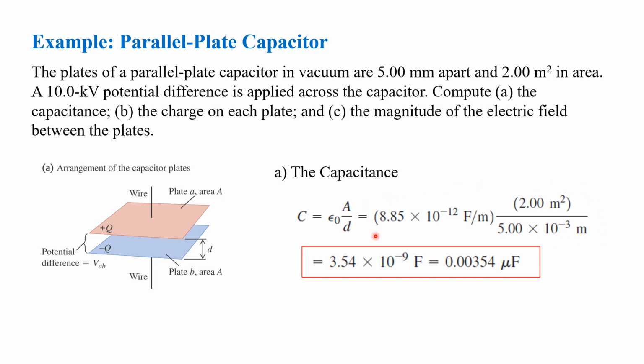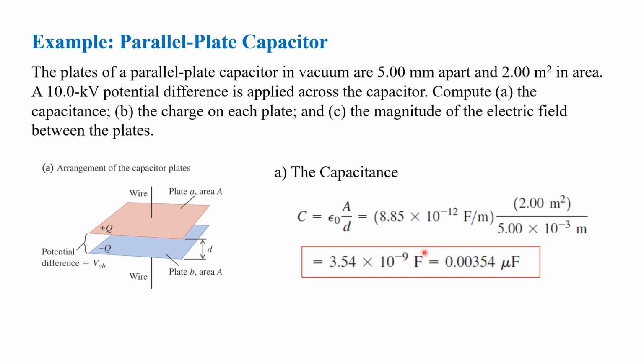This is straightforward, and we get a capacitance of 3.54 times 10 to the negative 9 farads, or 0.00354 microfarads. As you can see, even with this large plate area of 2 meters squared, you still have a very small capacitance.